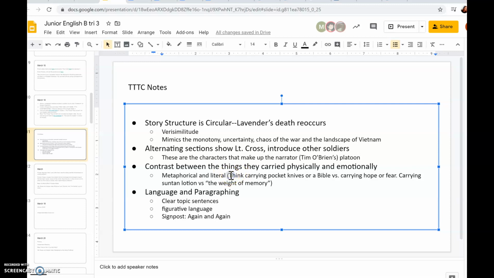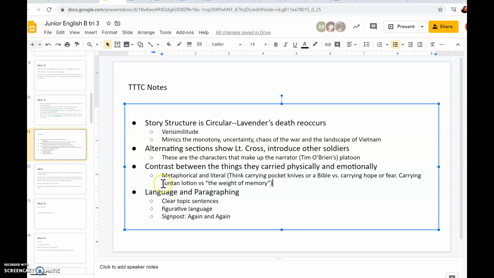So think, as you're reading this first chapter, it's going to list, they carry pocket knives or a Bible, versus carrying hope or fear, carrying suntan lotion, versus sometimes he speaks very metaphorically, versus carrying the weight of memory. So pay attention to these things because they all very much make up these characters and make up what's going on in Vietnam at the time.